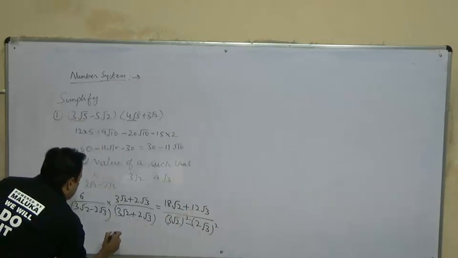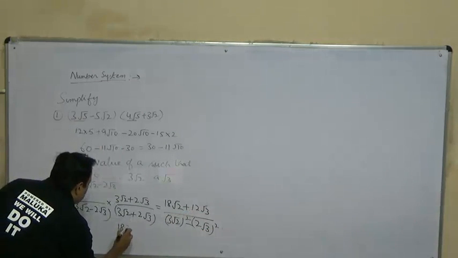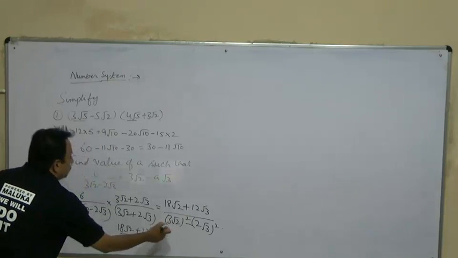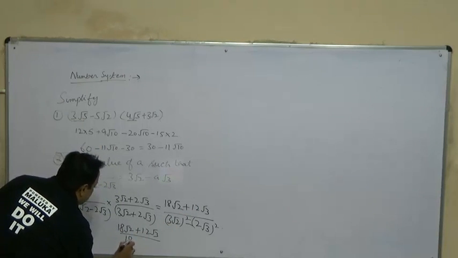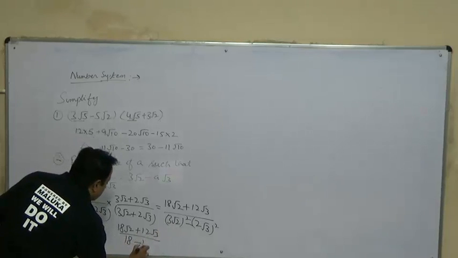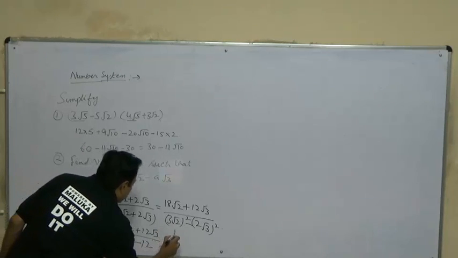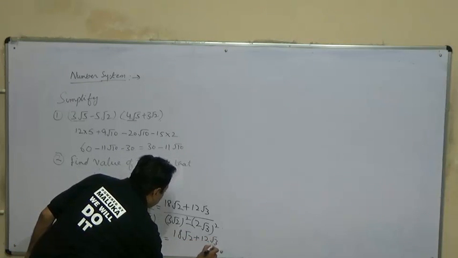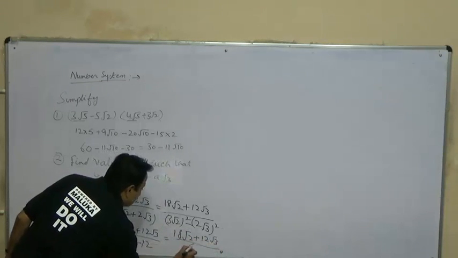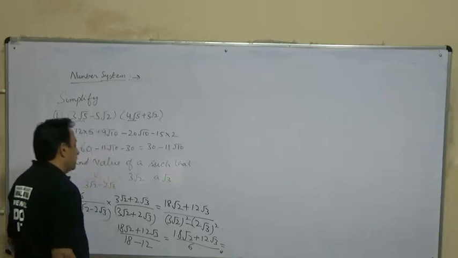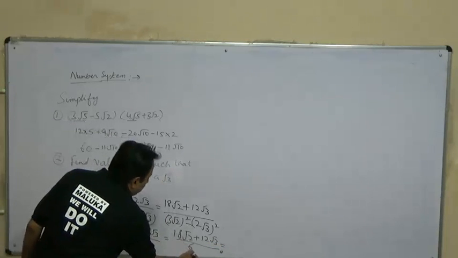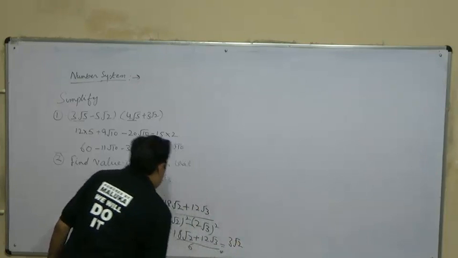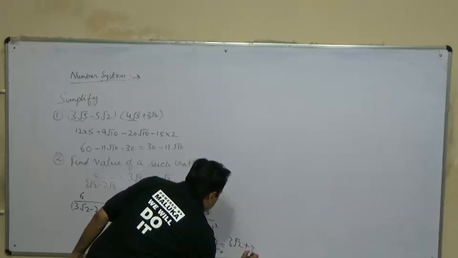So this will be equal to 18 root 2 plus 12 root 3 upon, so this is 9 twos are 18 minus 4 threes are 12. So 18 root 2 plus 12 root 3 upon 6. So this will be equal to 18 upon 6 is 3 root 2 plus 2 root 3.